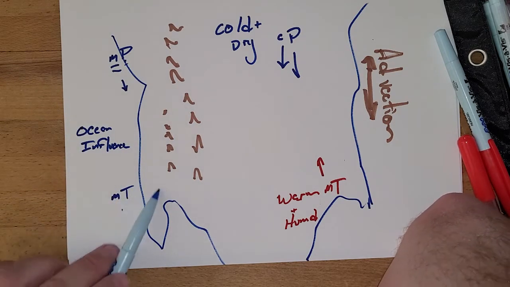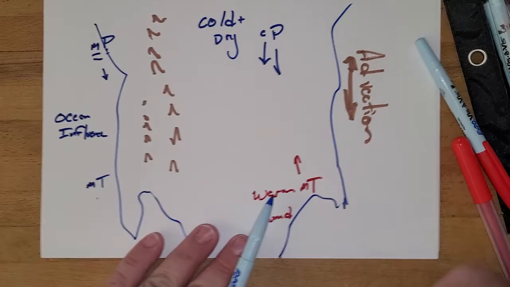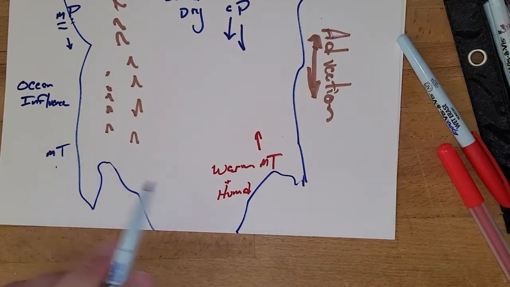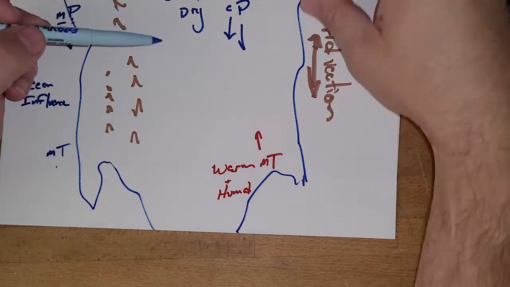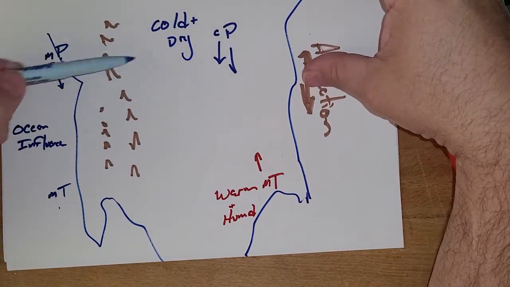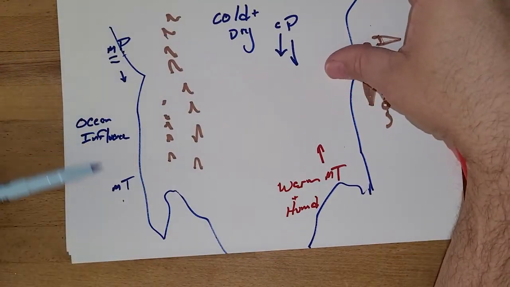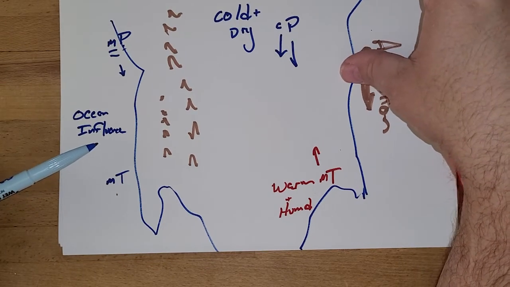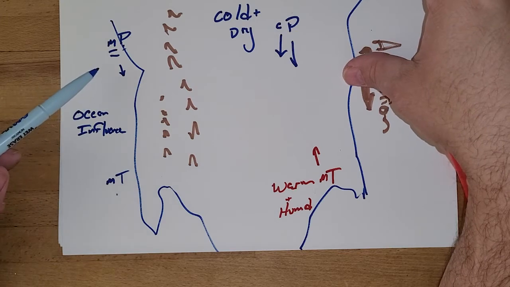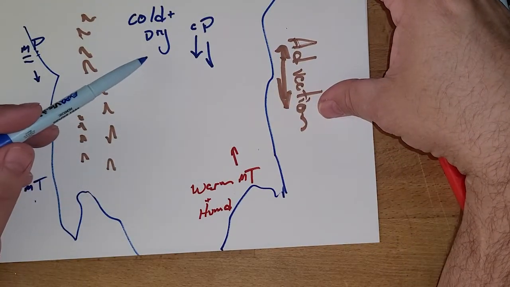Our air down here, let's just do San Diego versus the Gulf of Mexico. The humidity over here is much, much greater. So the more severe storms we see over here on the eastern side of the Rockies. Over here in California, we've got some nice weather. We do see our thunderstorms from time to time, all sorts of good stuff like that, but the real action is happening over here.